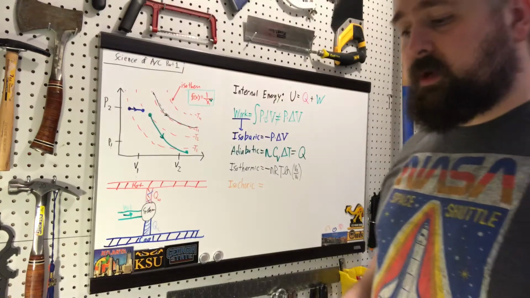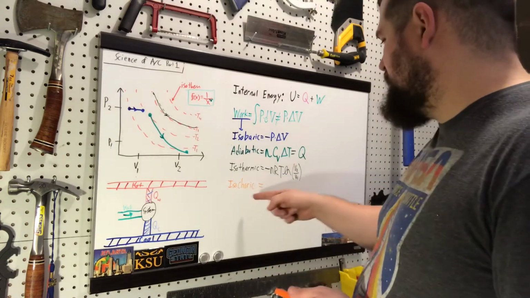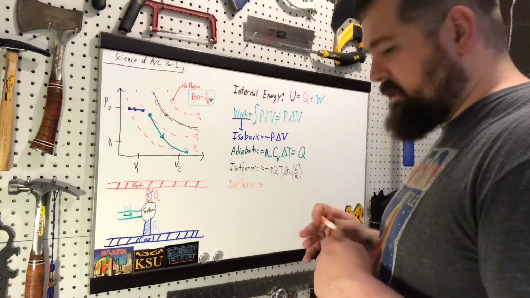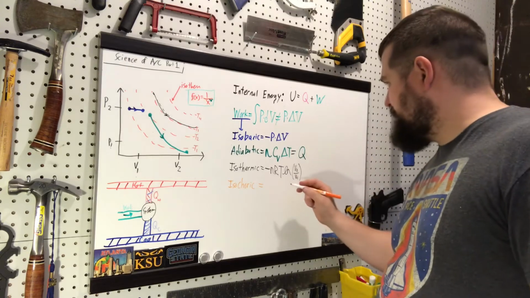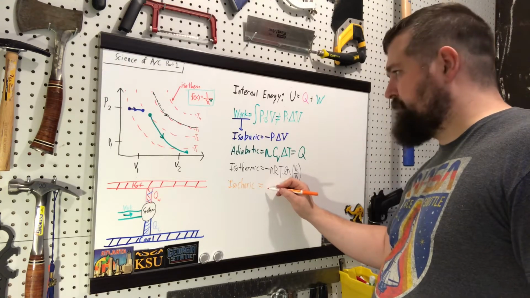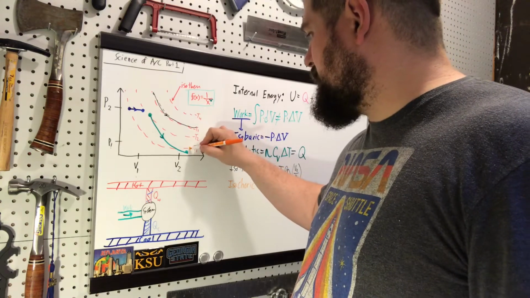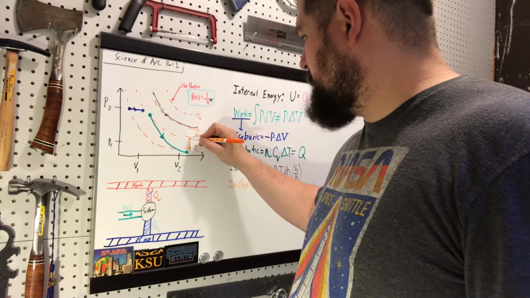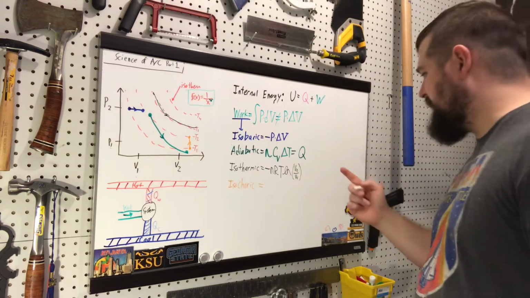Last but not least, isochoric. Choric comes from the Greek chora, which means space. So same space, isochoric. If you look at this formula here, we'll go to this one. Let me just go and draw this part first. So I'm going to start right here. I'm going to go right here. Have I changed volume? No, I haven't.